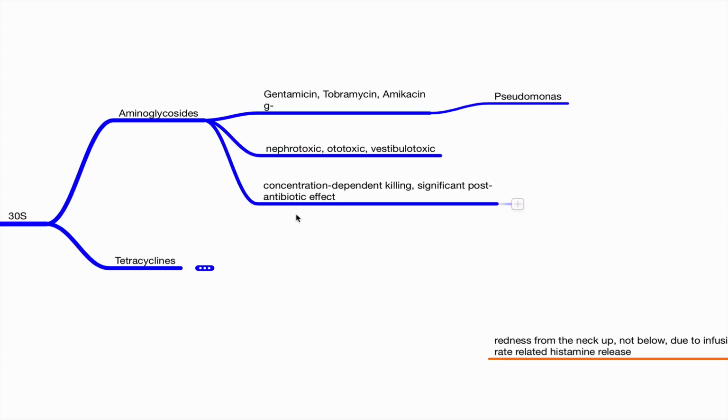Aminoglycosides have concentration-dependent killing and a significant post-antibiotic effect. So I won't go into those right now, but it's worth looking up if you're going to give an aminoglycoside, because the pharmacokinetics are different. You need to dose them differently and monitor them differently as well.